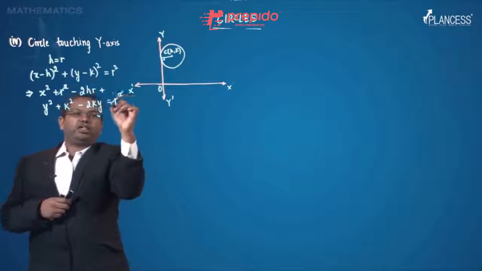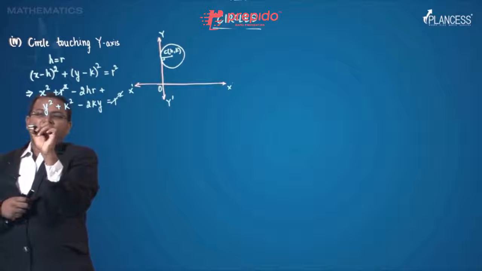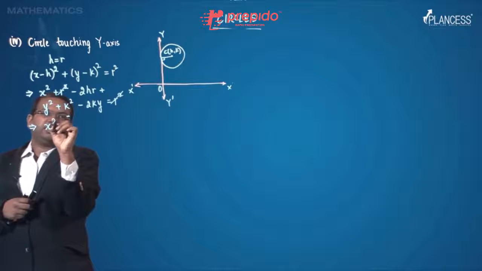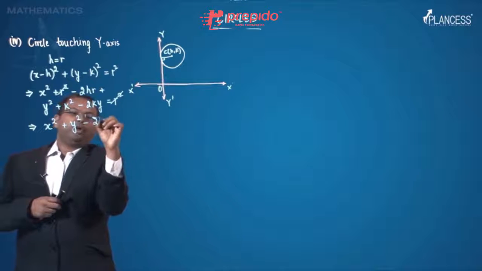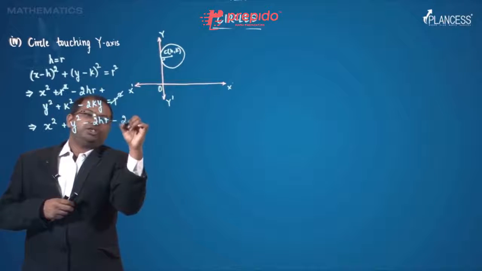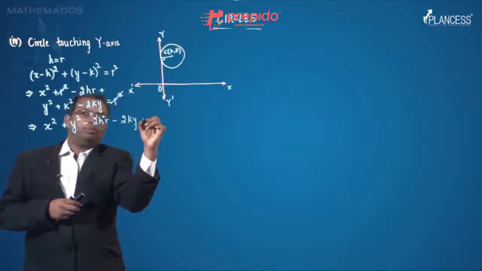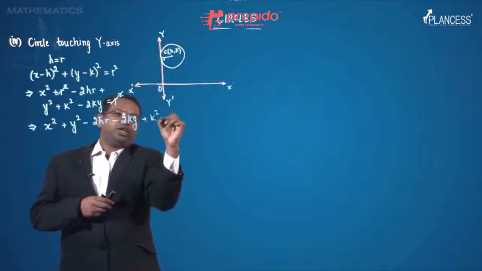So r square again gets cancelled, and what we are left with is x square plus y square minus 2hr minus 2ky plus k square equal to 0.